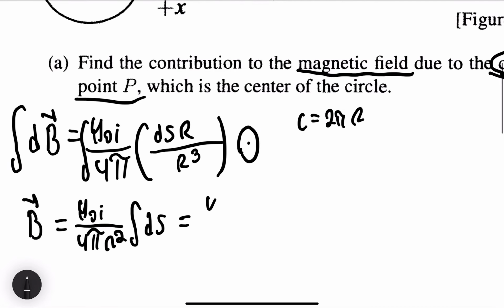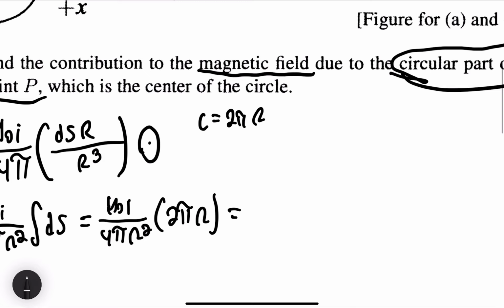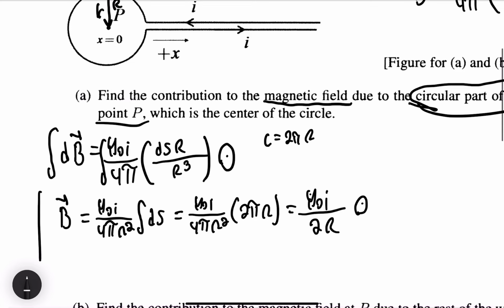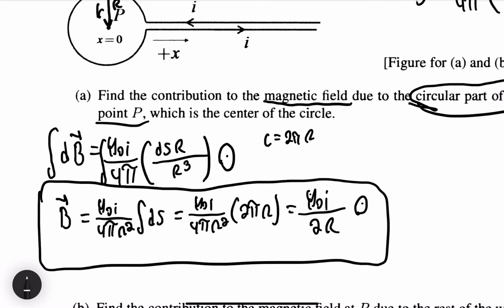So this is equal to mu naught I over 4 pi r squared times 2 pi r, which simplifies to mu naught I over 2r. And this is still out of the page. So that would be the answer for the first part.